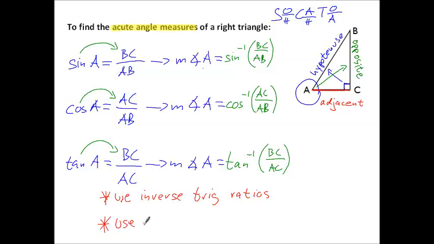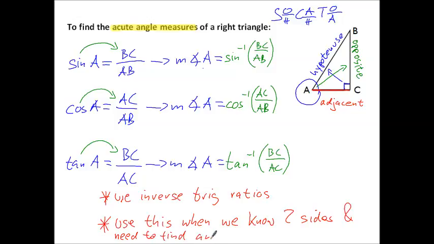We are using it when we are given two side lengths, but we need to find an angle measurement. And the measurement of an acute angle, that is, of course, because the measurement of a 90-degree angle is 90 degrees, because it's a right angle. Duh.